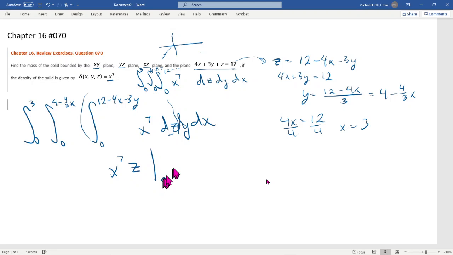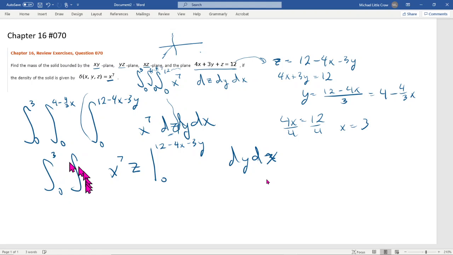And then we do our limits from 0, and then we still have our dy dx. So we plug in our limits. The lower limit, when you plug in 0, this all becomes 0. So it's going to be x to the 7th times 12 minus 4x minus 3y.